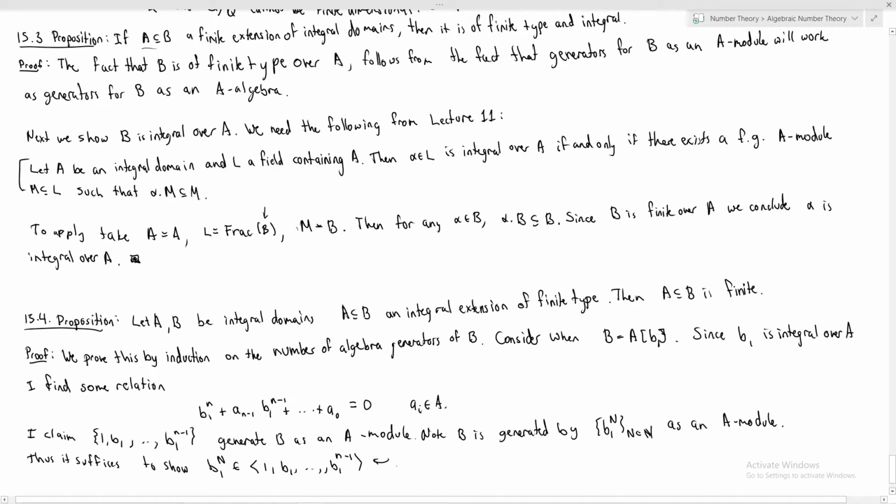And here I mean the A module spanned by 1, B1, and so on.